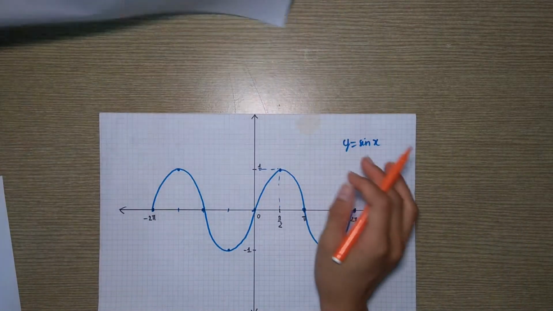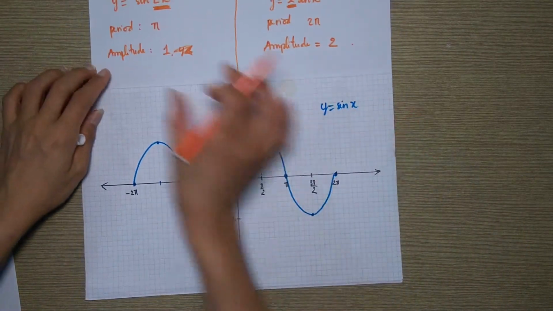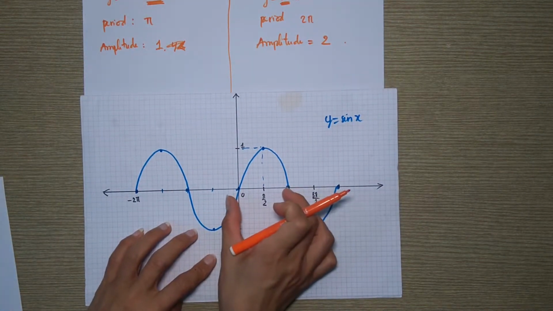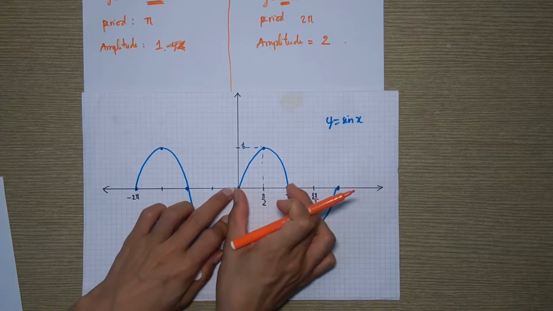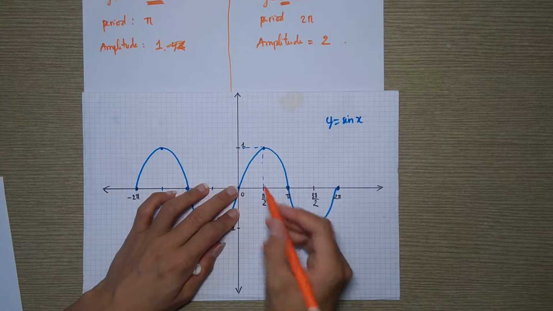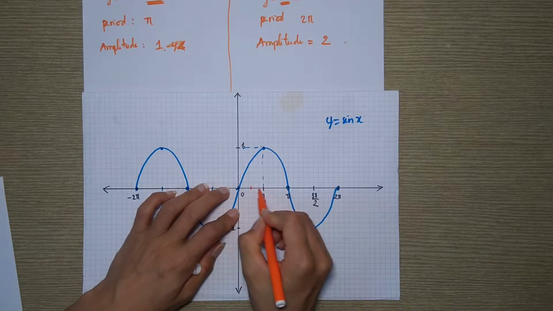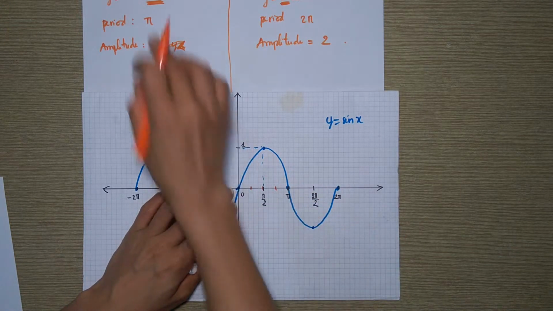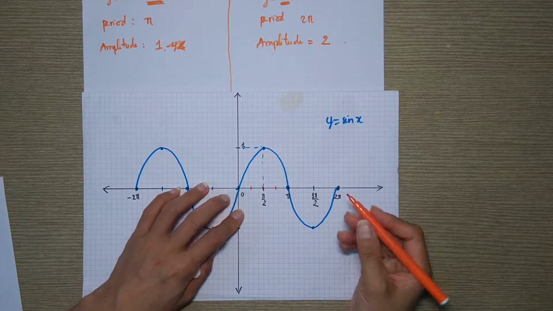As you are aware that the period is pi, so I will pick pi only. This is 1 period. In this period, I divide it into 4 equal parts. This is the period of the function y equals sine 2x.